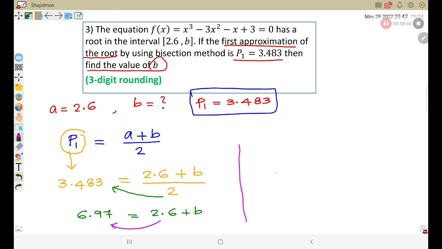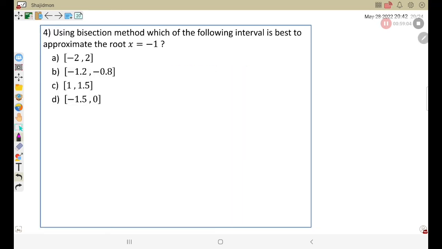So b equals 6.97 minus 2.6. What will be the b number? 4.37. So this is the b value for that question. I hope you understood that question. Now we will go to the next question.